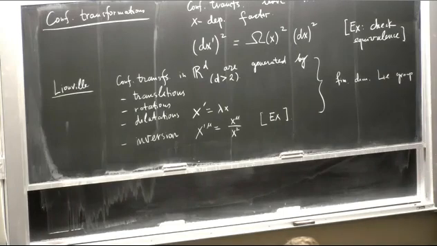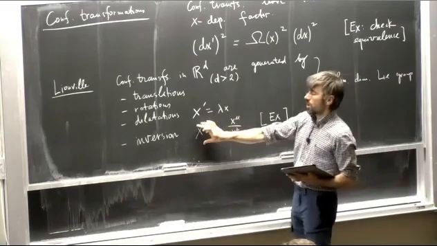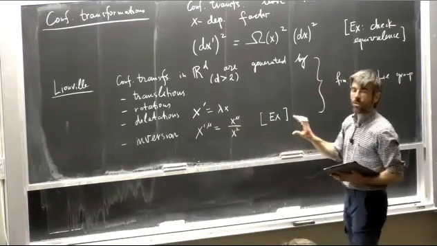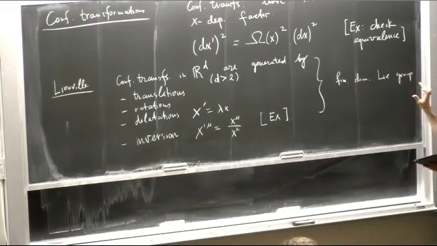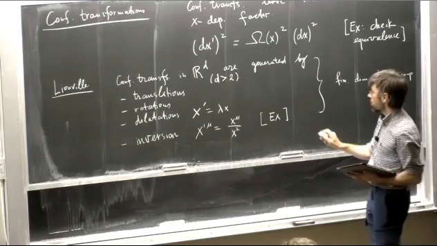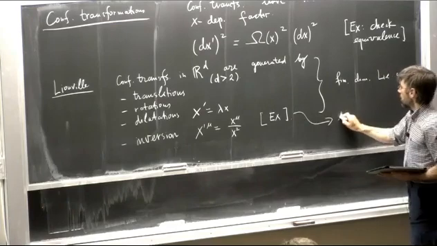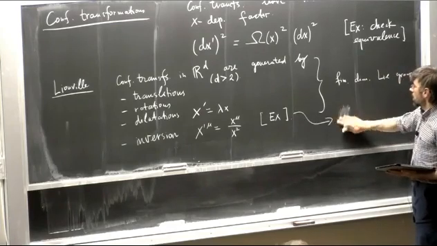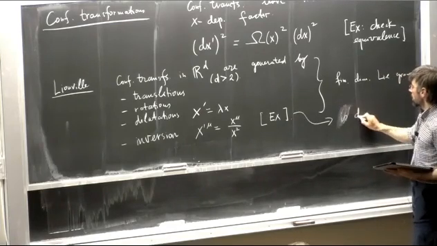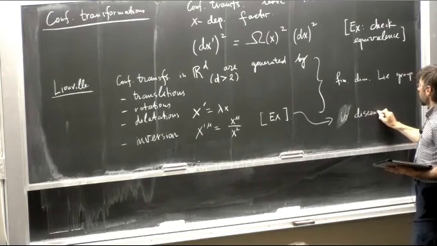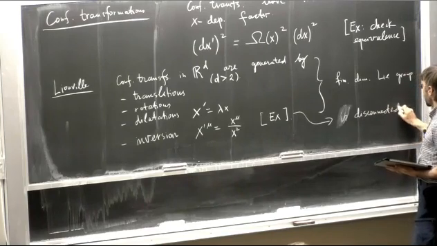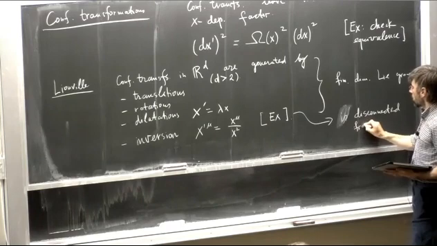Now, this finite dimensional Lie group has some topology, and the inversion transformation belongs to the component of this Lie group which is disconnected from the identity. So inversion is disconnected from the identity.